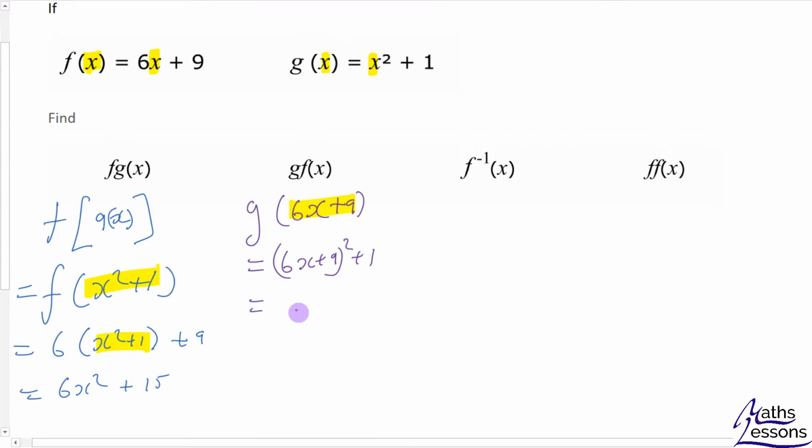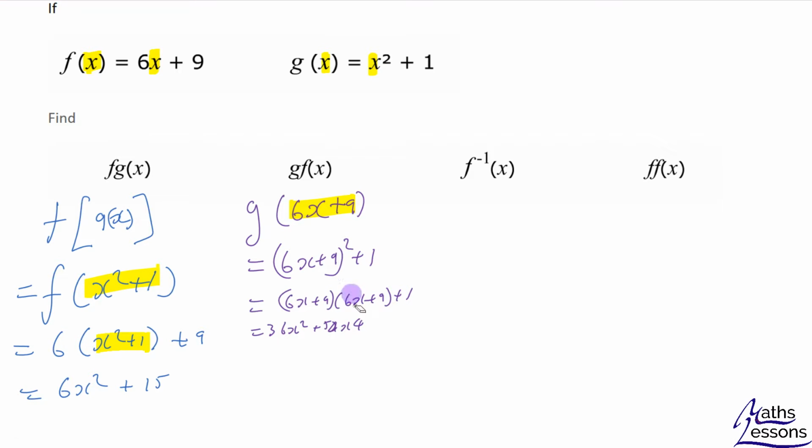And I don't think it's going to make it any simpler, but we can square this out. So remember, when you square it out, it means 6x plus 9 times 6x plus 9, and then add on the 1. 6x times 6x is 36x squared, and then we get 9 times 6, 54x, another 9 times 6 is another 54x, and we times both of those out.